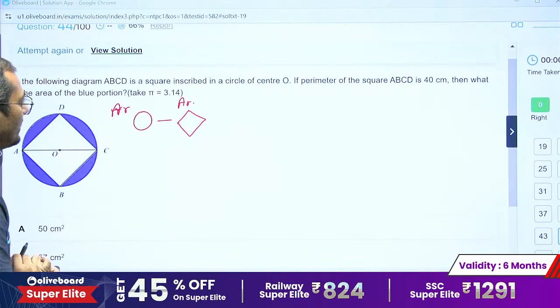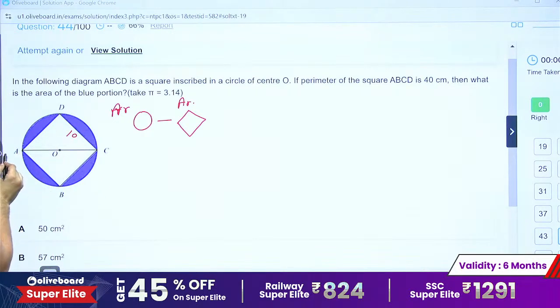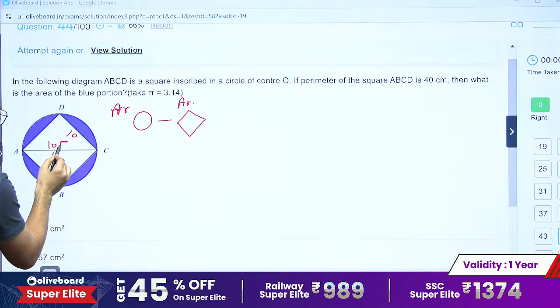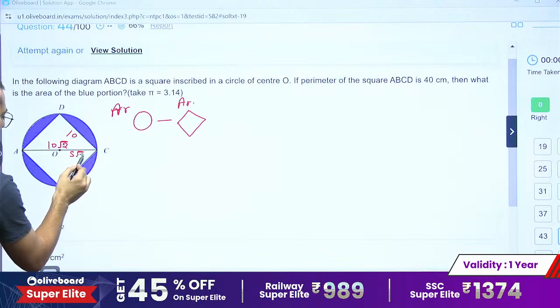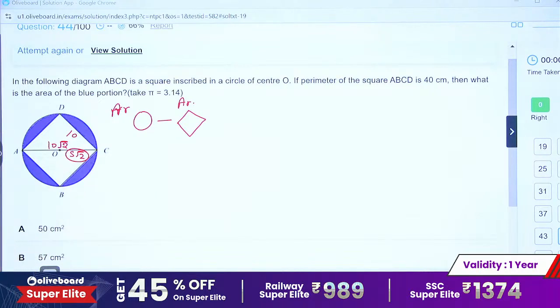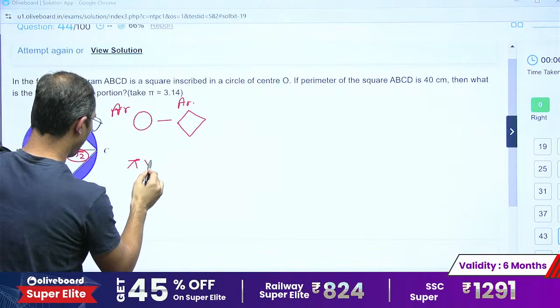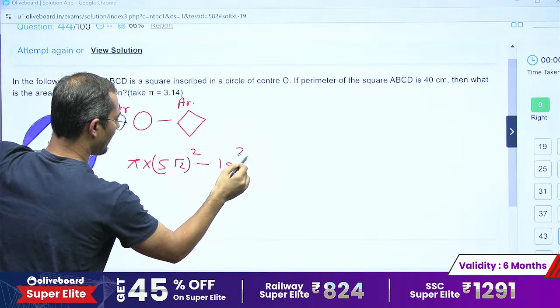Okay. So we know that the perimeter is 40. So we can say that the side of the square is how much? 10. If the side is 10, so we can say the diagonal is side root 2, 10 root 2. So the radius of the circle is how much? 5 root 2. So we can say that the area is pi into 5 root 2 square minus 10 square, right? Simply.